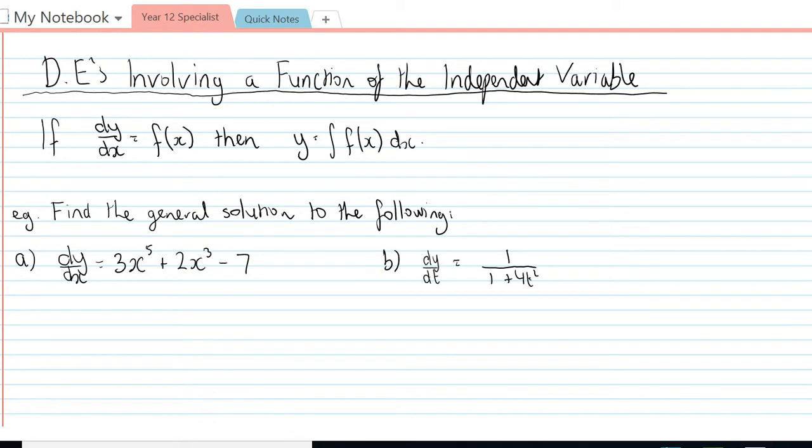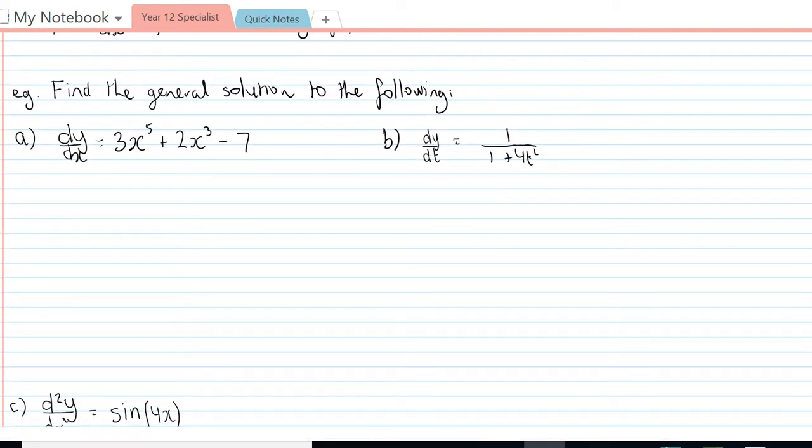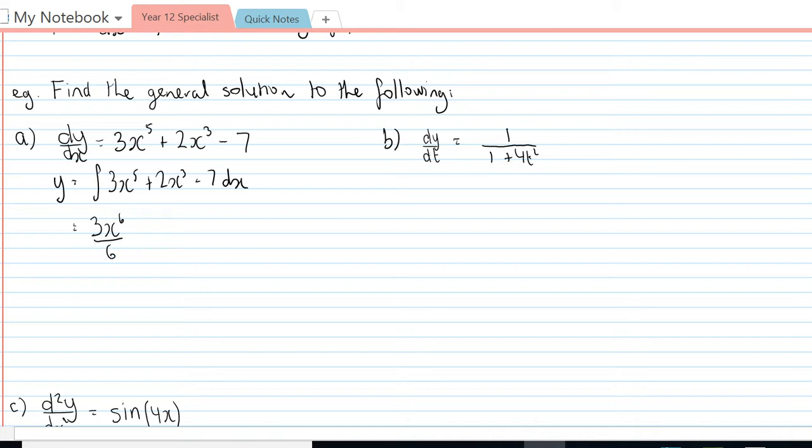So when we go through these questions, find the general solution to these. All I'm going to do is say that y is the antiderivative of 3x to the 5 plus 2x cubed minus 7 with respect to x. And so that becomes 3x to the 6 over 6 plus 2x to the 4 over 4, and then minus 7x with a plus c on the end.